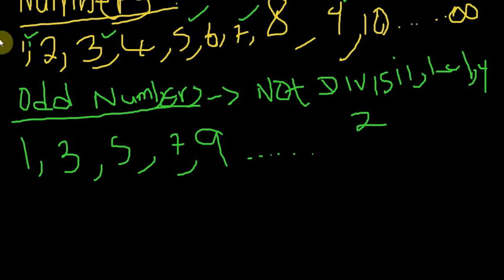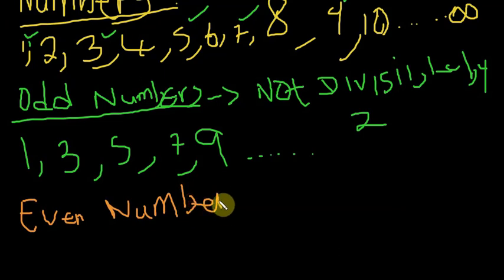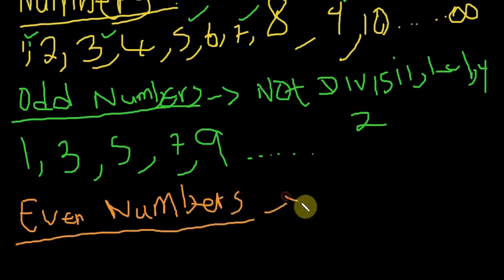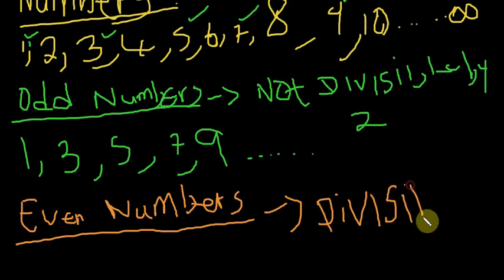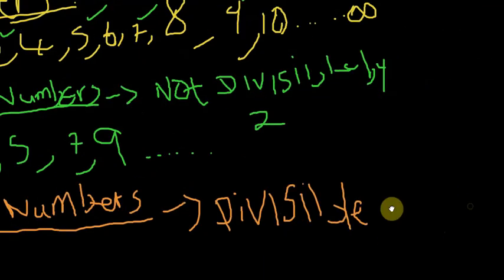What is the other group of numbers? The other group is even numbers. Since odd numbers are numbers that are not divisible by 2, even numbers are numbers that are divisible by 2.